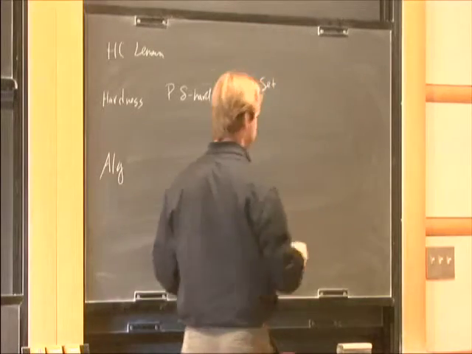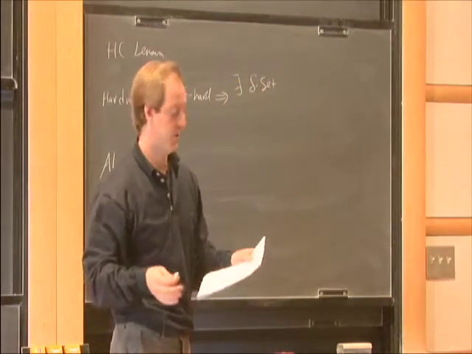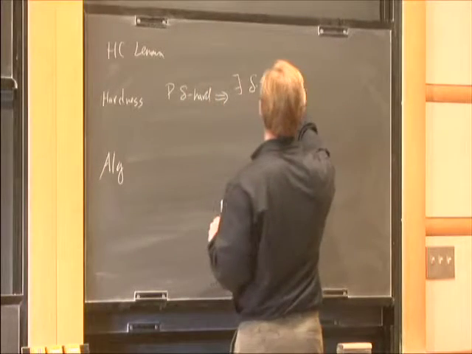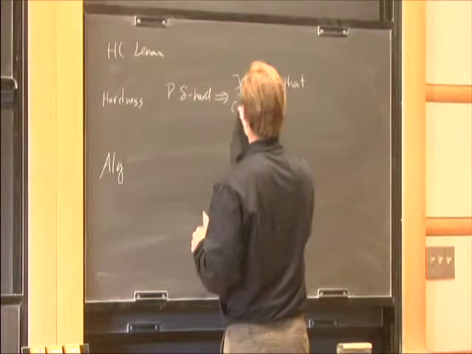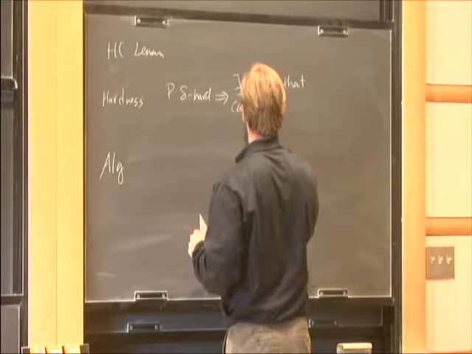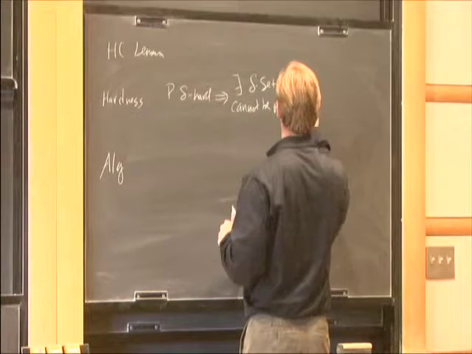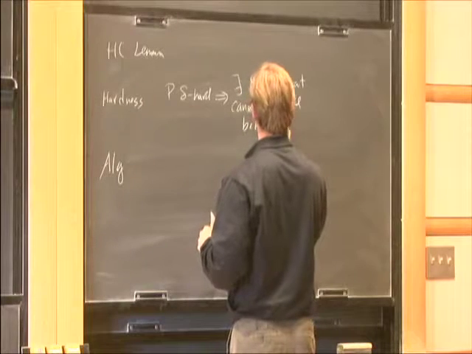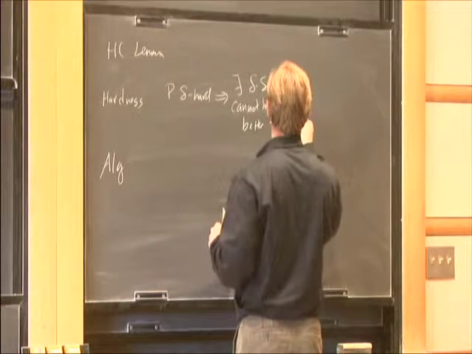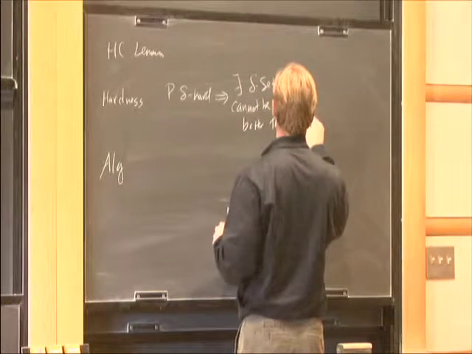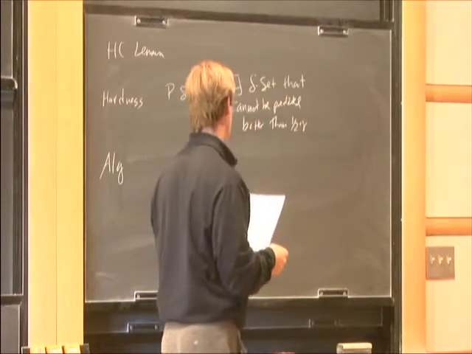A delta set is a delta-sized fraction of the inputs that cannot be predicted better than a half, essentially. You get a little wiggle room.